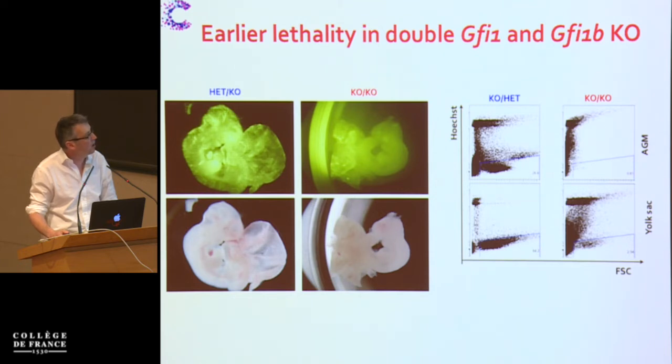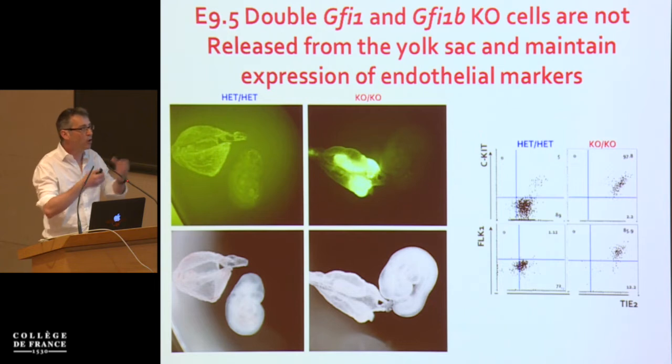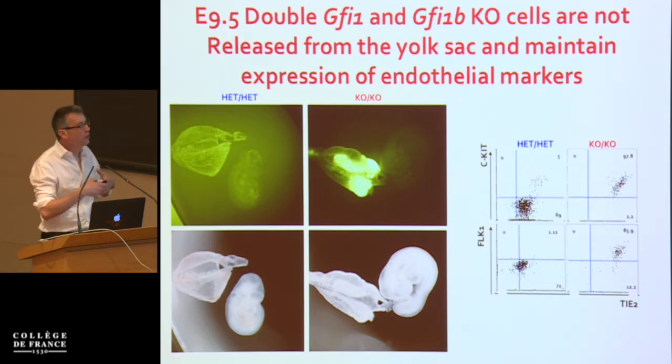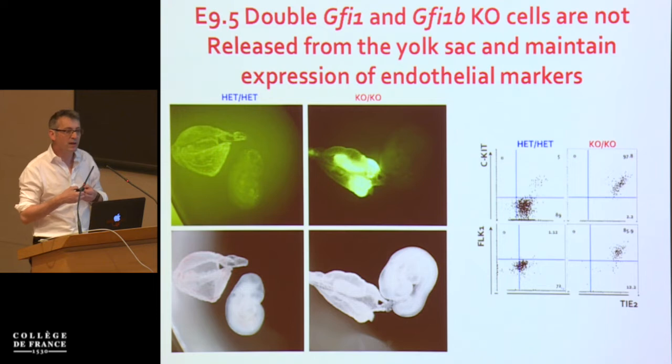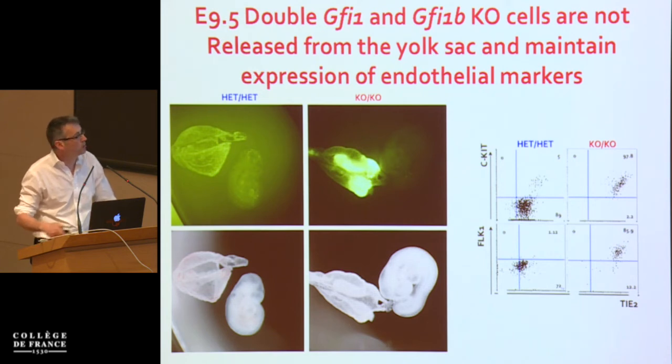Another striking observation was this. GFI1 and GFI1b mark all hematopoietic cells with the GFP, and in a normal embryo, these cells are generated in the yolk sac and, as soon as the heart beats, they migrate into the embryo. But if we do this in the double knockout, a lot of these cells are stuck in the yolk sac.